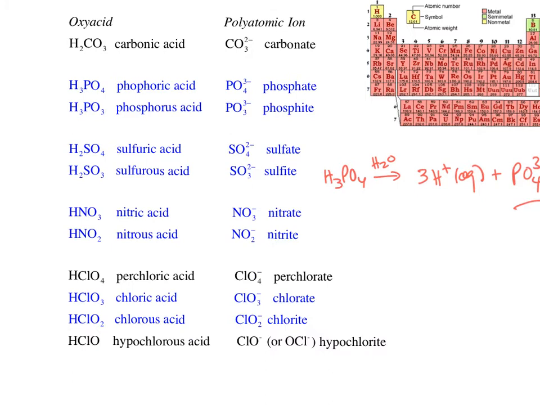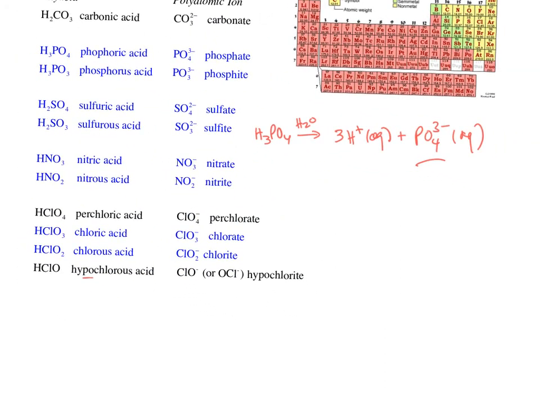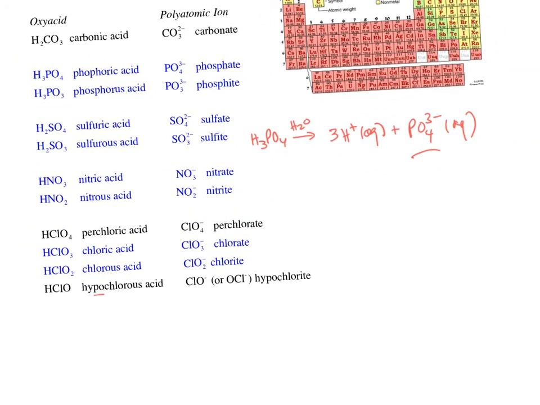All right, now in the case of hypochlorous acid here, down at the bottom, we have something that you might want to know about. You'll see it sometime on a test. So you have HClO, that's hypochlorous acid.